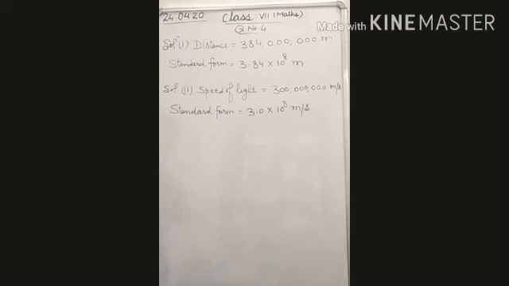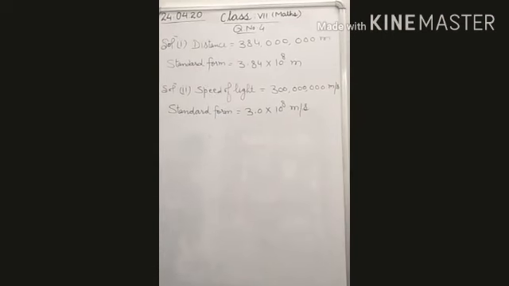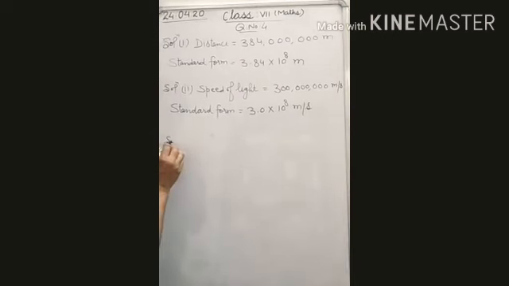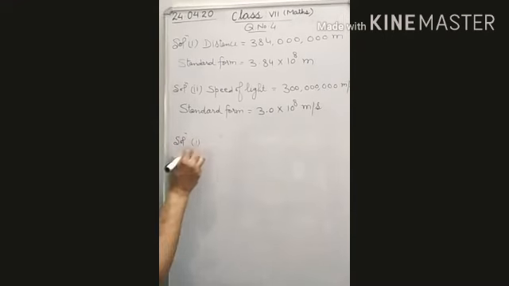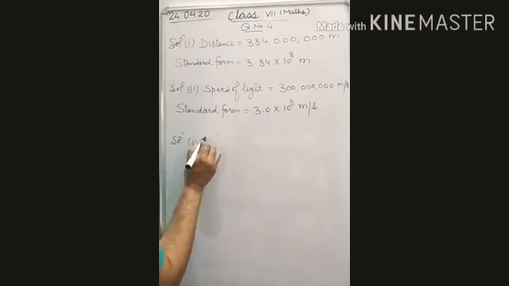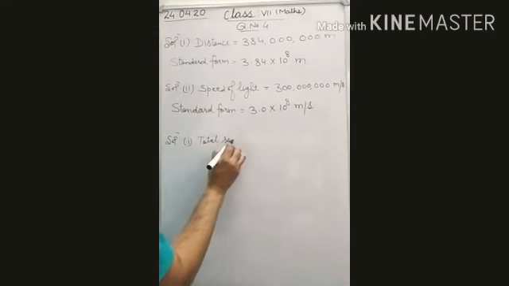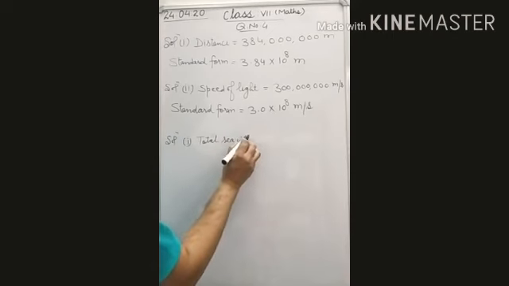Now move to the next one. Here you can take I part. Here, the earth has dash much cubic kilometer of sea water. So you write total sea water.